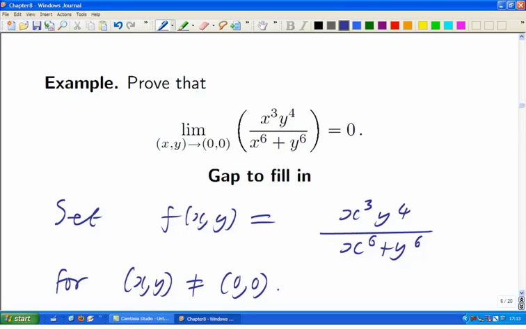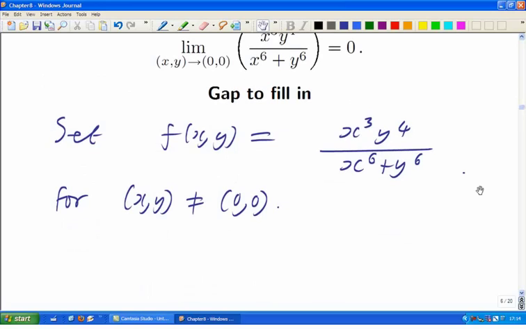But you're supposed to look at what happens as x and y approach (0,0) through values that aren't actually at (0,0), because that's what limit means. The function limit ignores the value at the point you're approaching, even if there is one. In this case, it's not even defined. So what we'll do is estimate the modulus of f of (x,y) using case-by-case analysis, and then we'll use the sandwich theorem.